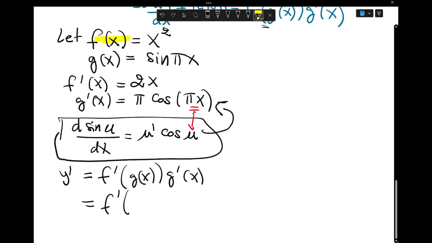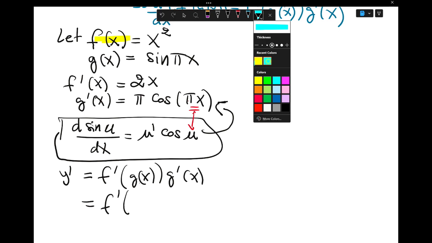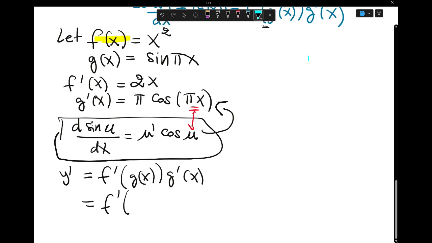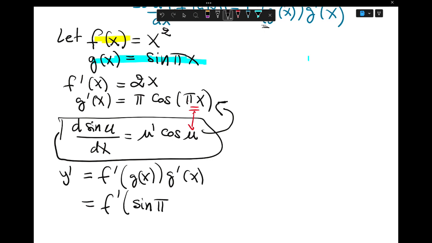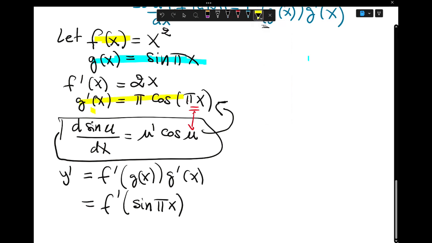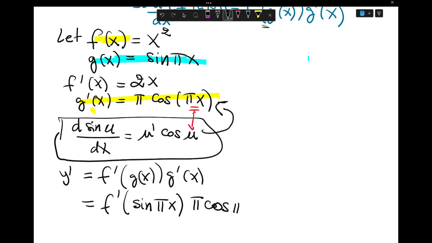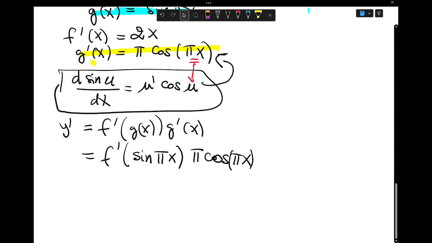We said earlier that g of x was equal to this, so we're just going to rewrite it: f of sine pi x. What is our g prime? Our g prime is this, so we're going to multiply it. It's going to be pi cosine of pi x.